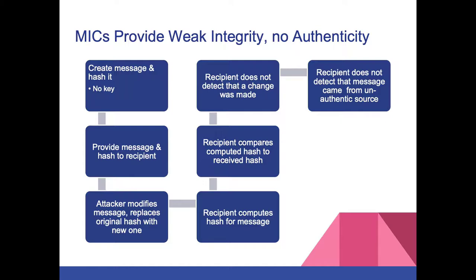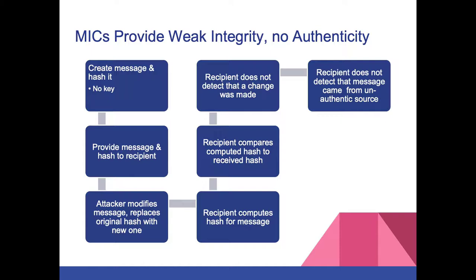Let's say that an attacker modifies the message. Maybe they hacked our website or intercepted our network traffic. Then, the attacker runs the modified message through the same hashing algorithm that we used. Now they have a hash for their modified version of our message.